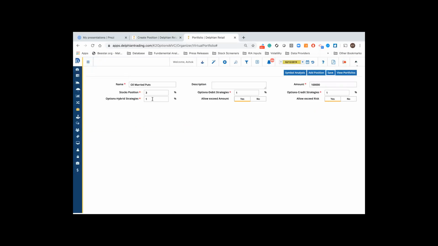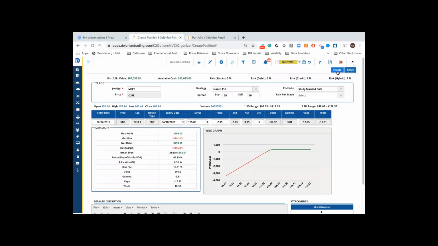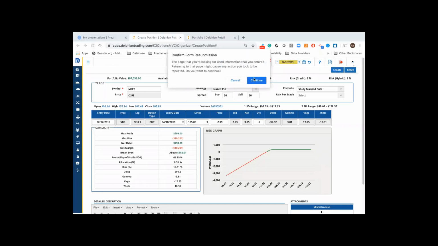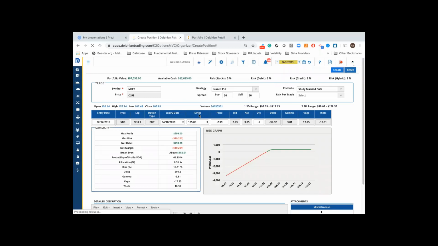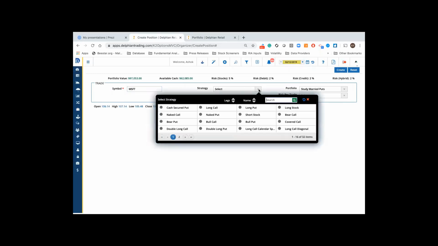Hello, exceed. There's a problem in the screen, I think.